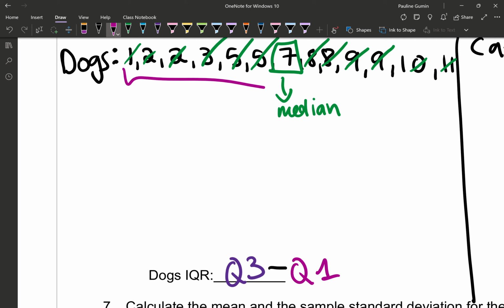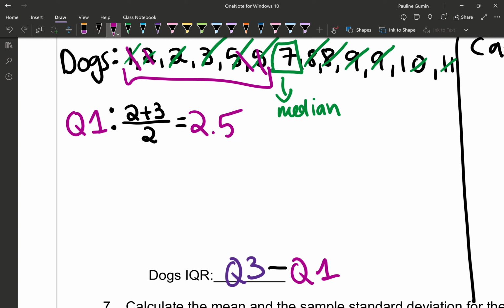Okay, let's find Q1. To find Q1, I'm going to find the median of the lower half, and it looks like we have two numbers in the middle. When we have two numbers in the middle, what we do is we add those two numbers and divide the answer by 2. So we have 2 plus 3 in the middle, divided by 2. So Q1 is 2.5.